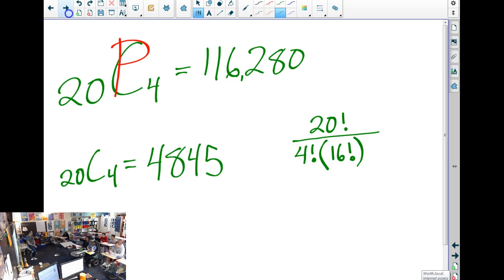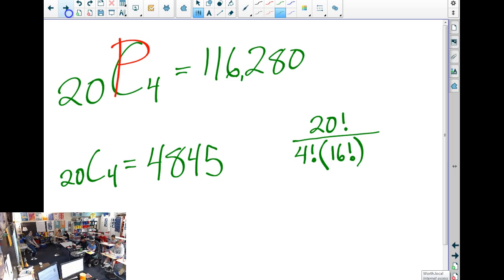Is there anything going to happen here that could make our life easier? Not really. Well, can you divide the 20 factorial? You have to multiply. What is 20 factorial? Hold on.